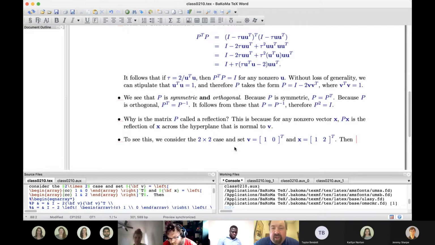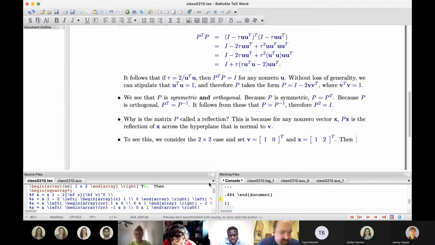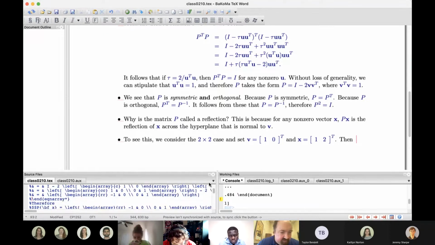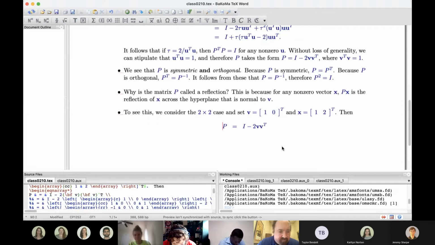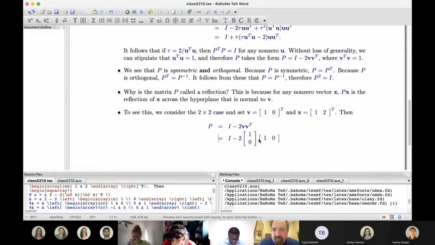Okay, so I'll do a 2x2 example. v is just a vector for the x-axis, pointing in the x direction, and then I make up some random vector x. So I define P, and I'll fill in what v is here.